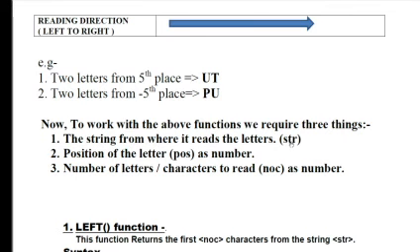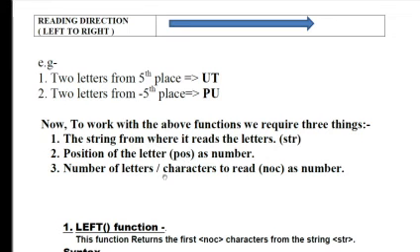Now the important points. The first one is the data source from where it will read the data. It may be any column name of the table or fixed data. Second one is the position. Position means from where it will start reading the letters, that is the starting point. In syntax it is written as POS.